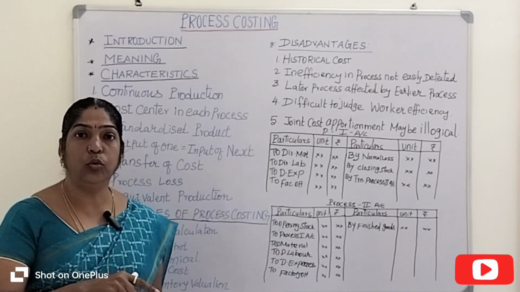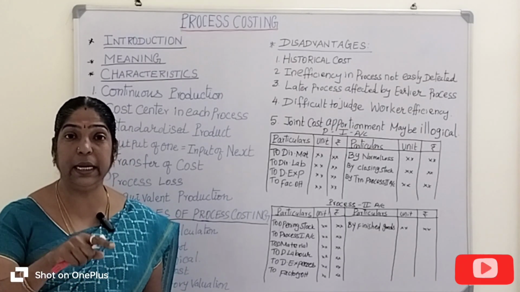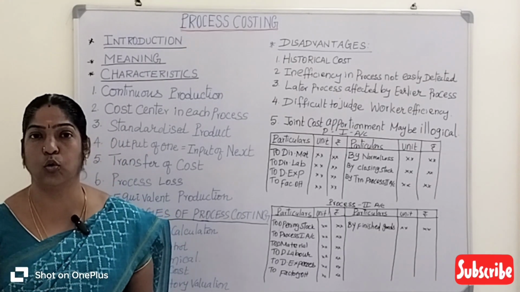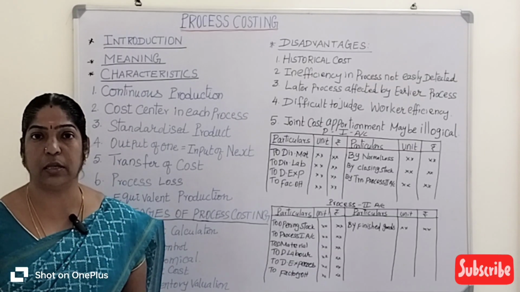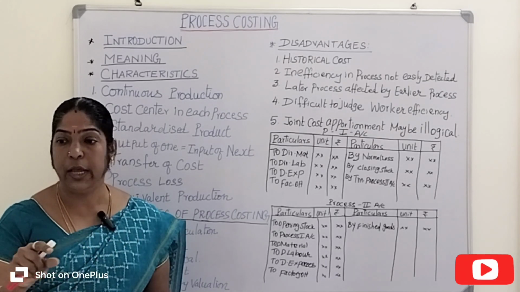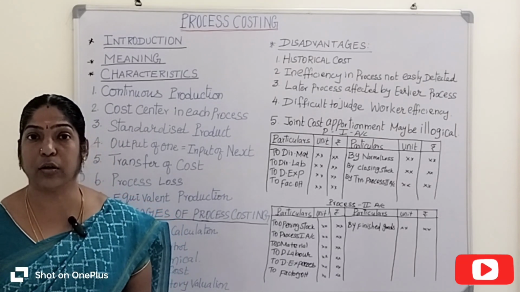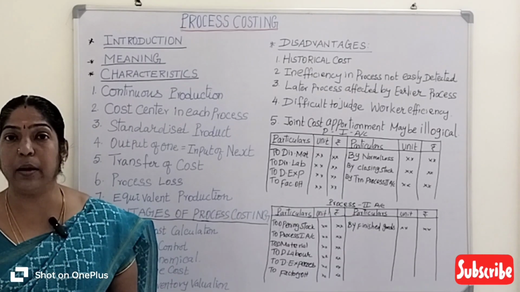In process 2, they mix, heat and mold the soap. The amount spent is 8,000 rupees. So in process 2, 8,000 rupees is entered into the cost accounting register for heating and molding the soap.